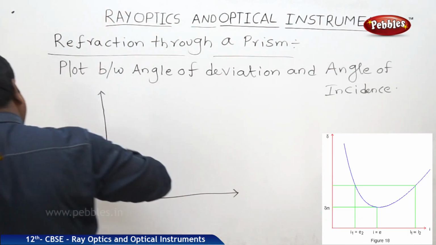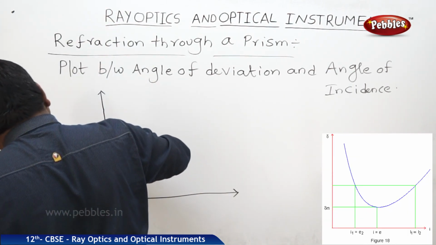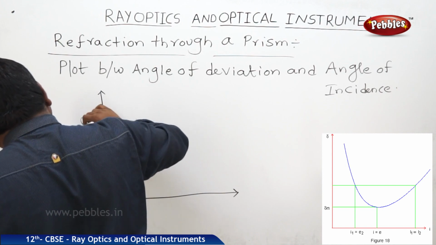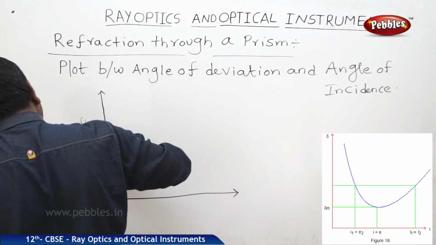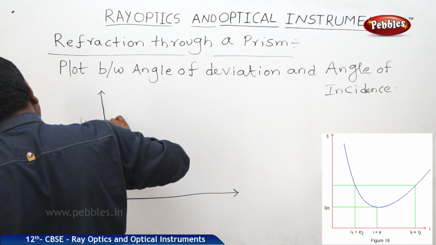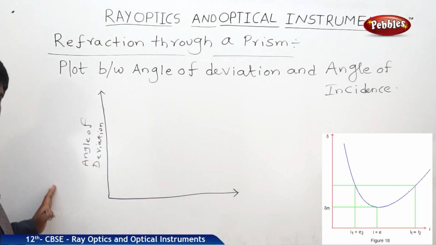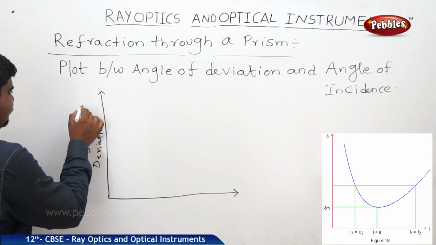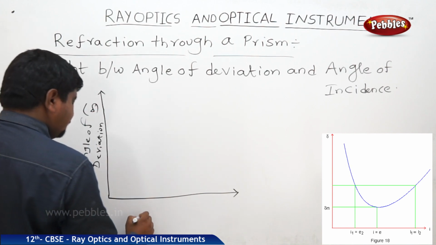So on the y axis we are taking the angle of deviation, and this is the angle of incidence.